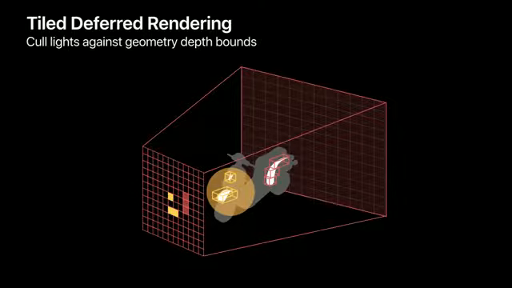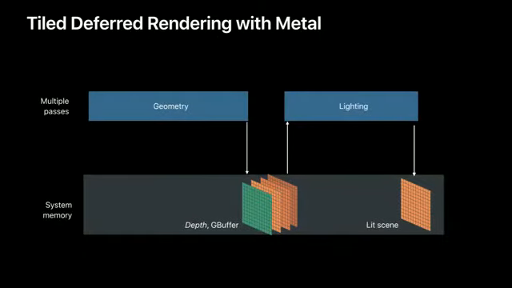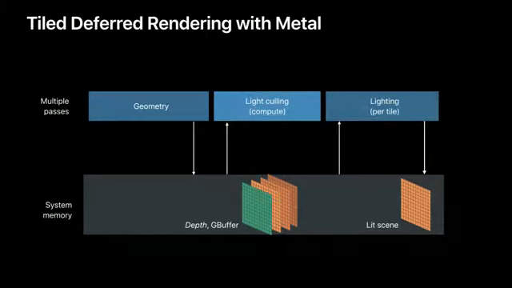This entire process can be done in parallel across all the tiles and is a perfect fit for a compute kernel. So how do we integrate this into the deferred pipeline we showed before? Before, we had this two-pass deferred setup, and now we've added this compute pass to the middle of it. That will create the light list for us, and we need to store these light lists in a light list buffer that we store in device memory.